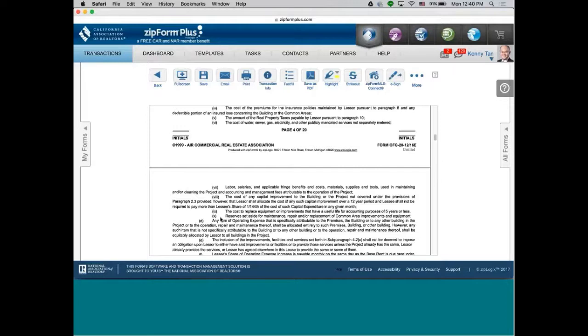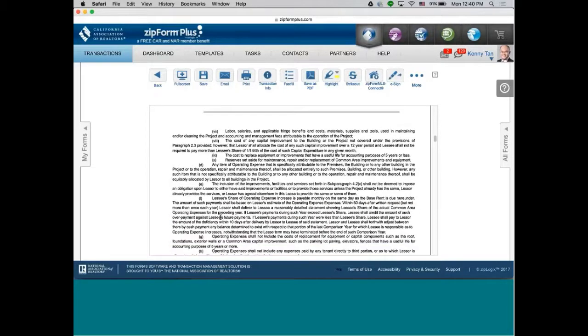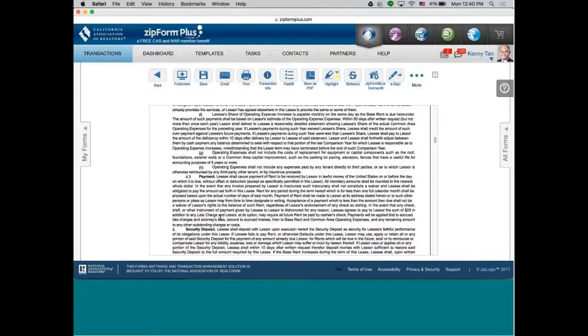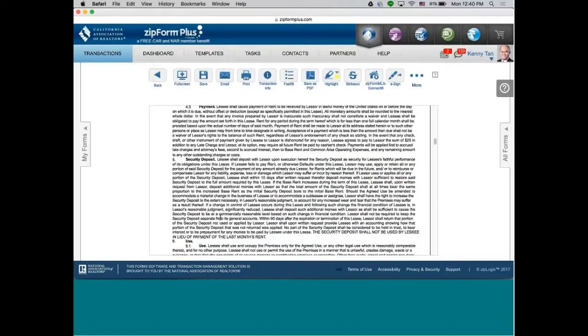So you have a separate charge for operating expense if it's a net lease, but you do not get a separate charge for the operating expense if it's a modified gross lease, unless there's an increase in the operating expense. Okay, so that seems to be the only difference so far.